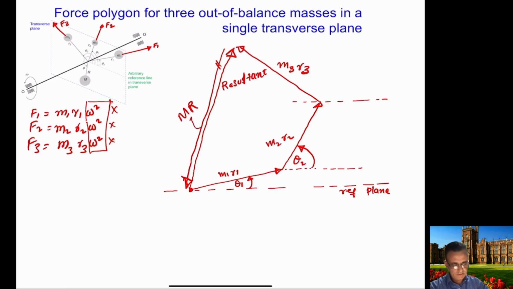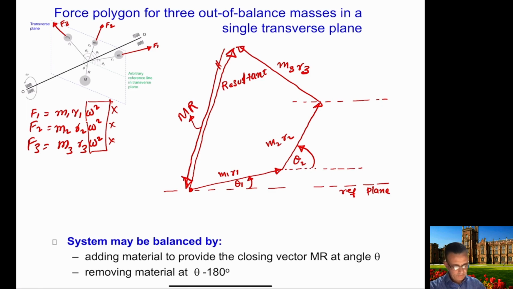So this is our mr value, which is the required closing vector for the balancing. So as you can see in this case, if you add this mr to the system, it will just close the polygon, and the resultant will be equal to 0.